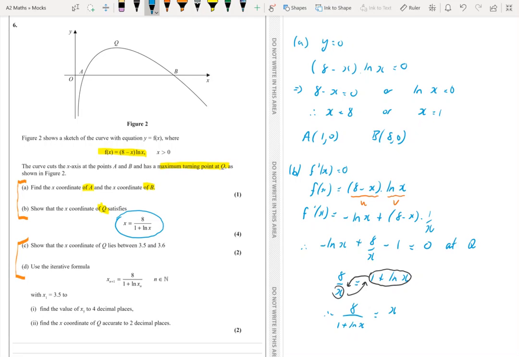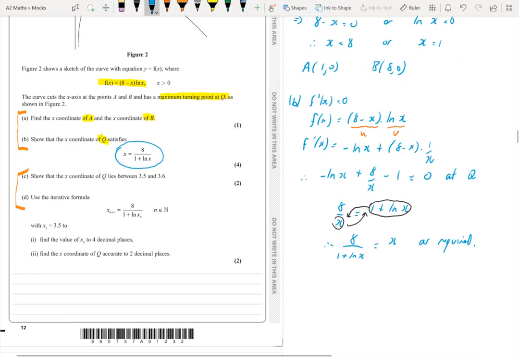And actually that's exactly what they wanted. So we can just say as required. So we haven't solved that. We don't know where Q is, but we know that its x-coordinate satisfies that equation. And we can't solve that equation with algebra, which I think is where the next part now makes sense. We're going to do some iteration to try and find the solution to that equation.